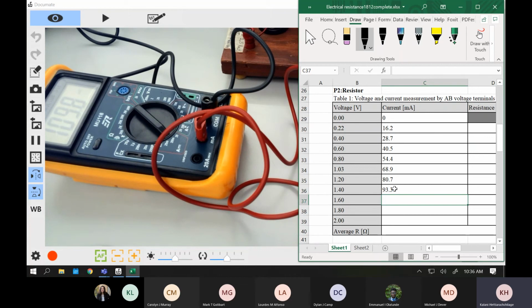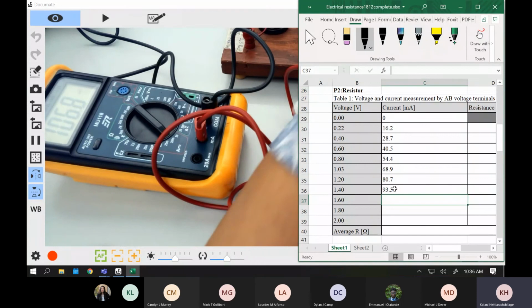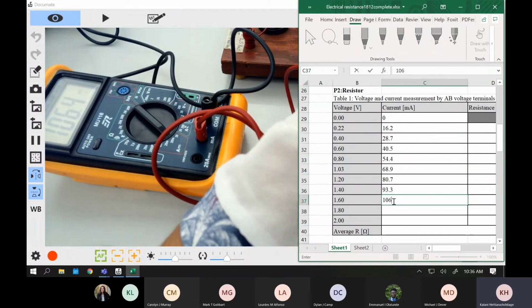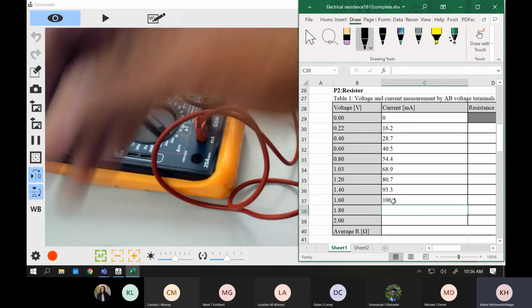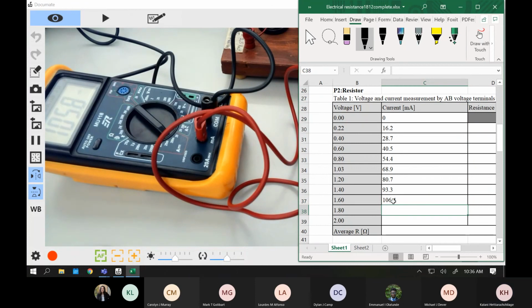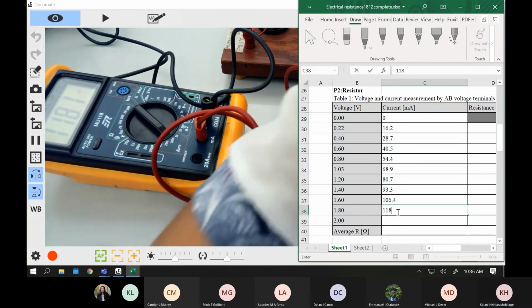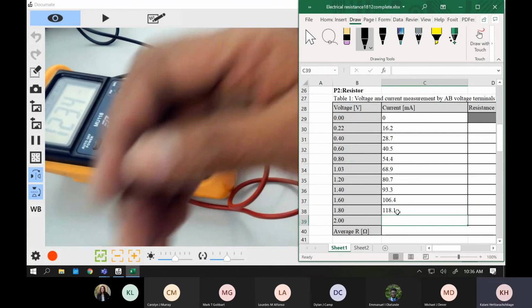Still maybe the light bulb will work. You can check that. And your circuit 1.60. 106.4. 108.1.